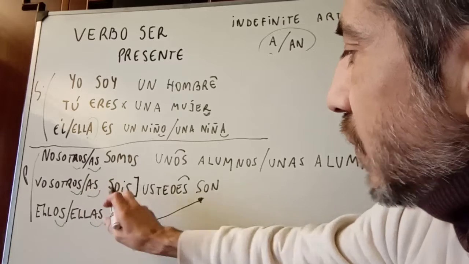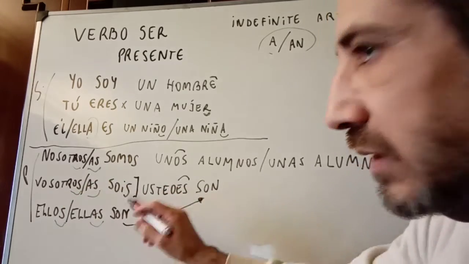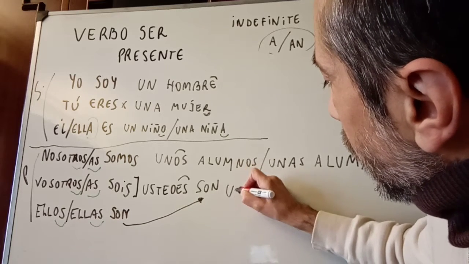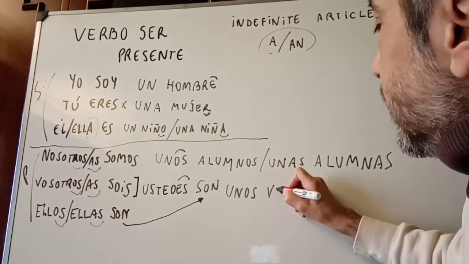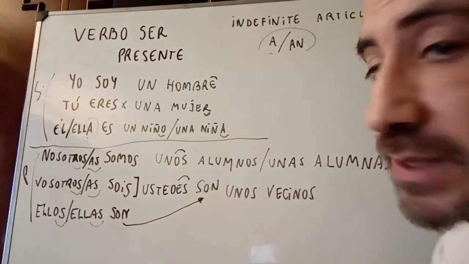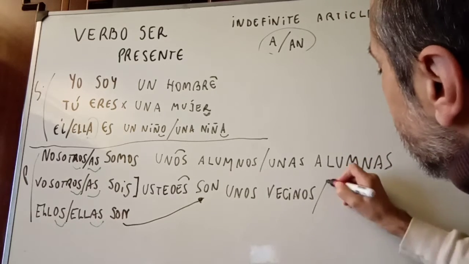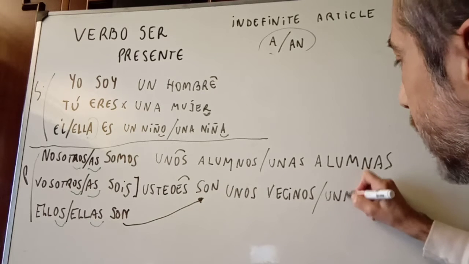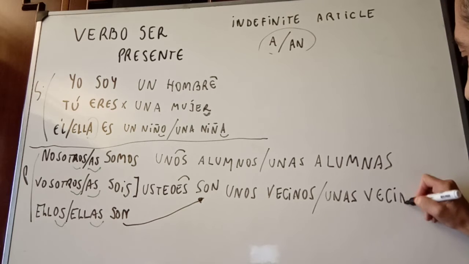Vosotros, vosotras sois, or ustedes son in Latin America, unos vecinos, some neighbors, this means neighbor. Vosotras sois unas, or ustedes son unas vecinas, the feminine form.